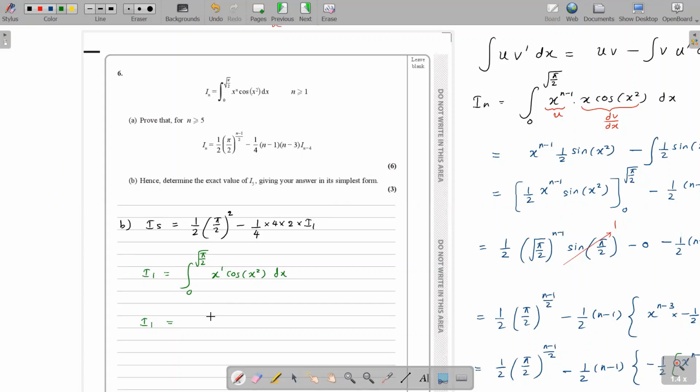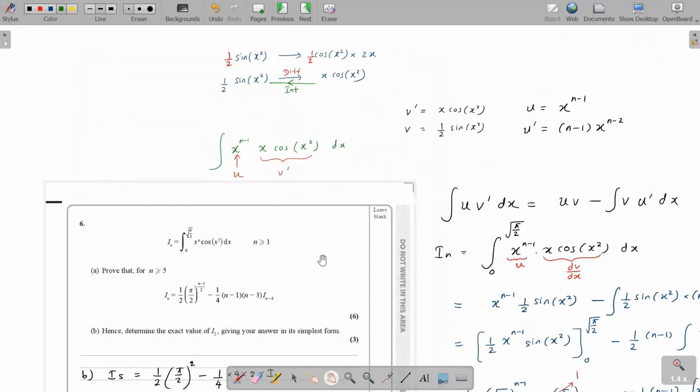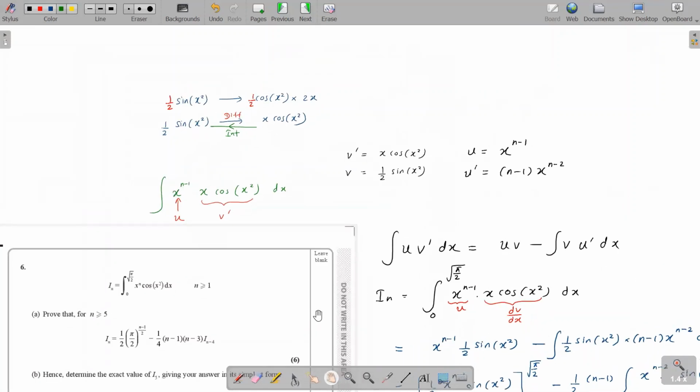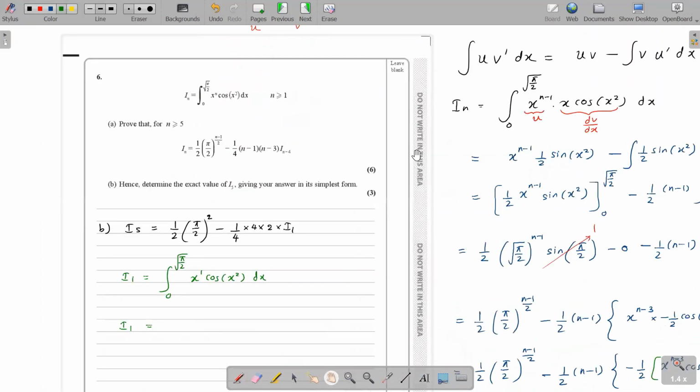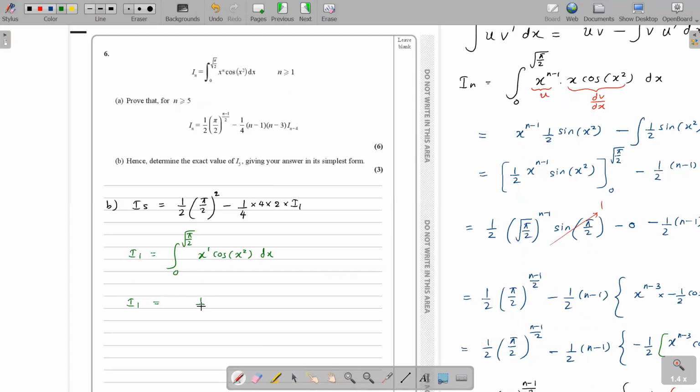So this integration, we just had it, right? Yeah. x cos x squared, which we got earlier here. The integration of x cos x squared is half sin x squared. Can you see? Shall I directly put it? This is half sin x squared, and your integration limits are from 0 to root pi over 2.